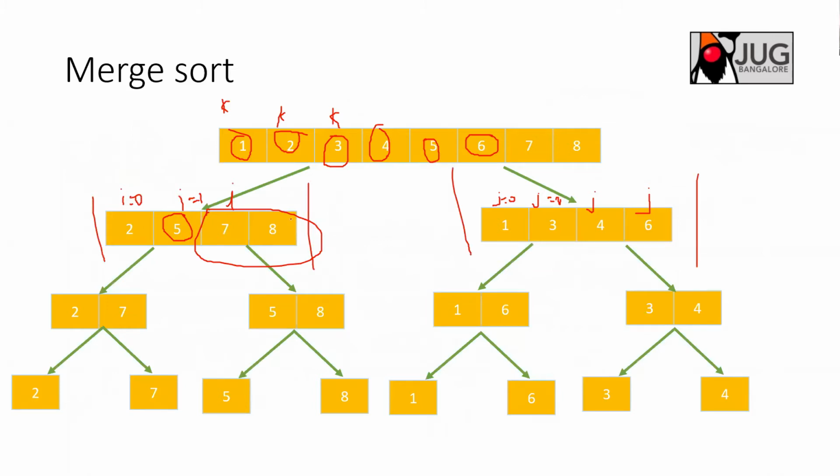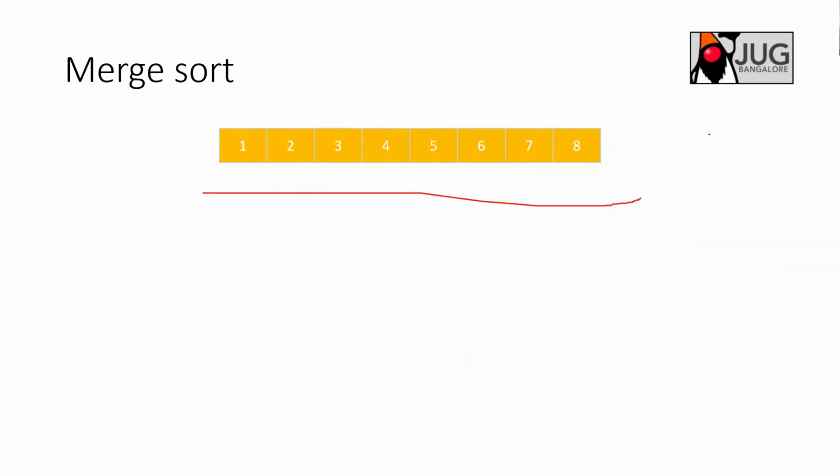So n by 2 comparisons, big O of n, which is pretty clear. So the merge function takes big O of n, but you need to understand how many times you call this merge function, right? If you see the algorithm here, you realize that it is called big O of n times, right?